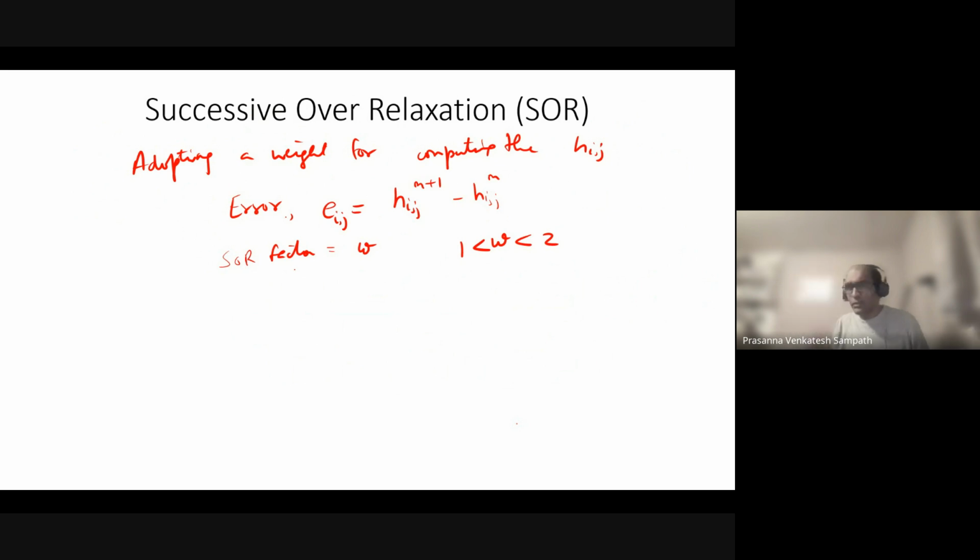I will not get into the mathematics of it, but our interest is in computing h at i comma j in the m plus 1th iteration. For that, we say that it will be equal to h at i comma j in the mth iteration plus this omega, this over relaxation factor, multiplied by this error e at i comma j.